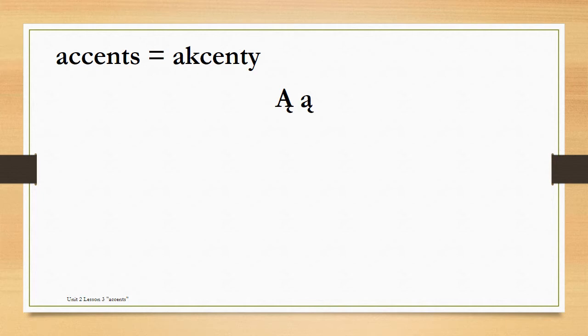The first one is ą. So again, this might be pretty difficult to English speaking people. Maybe French guys will find this quite easy. And to make it a little bit easier for you, I think you might also pronounce ą like om.